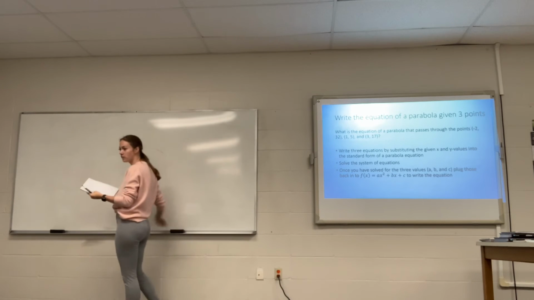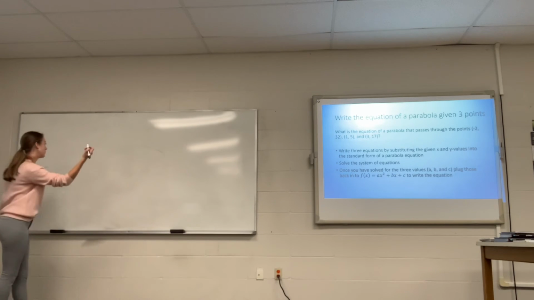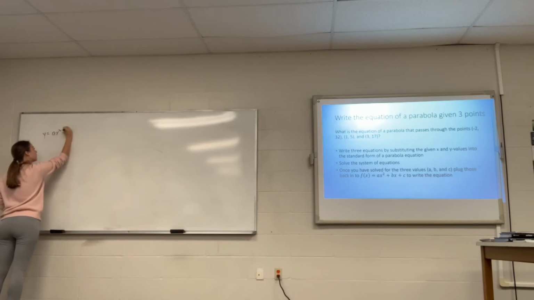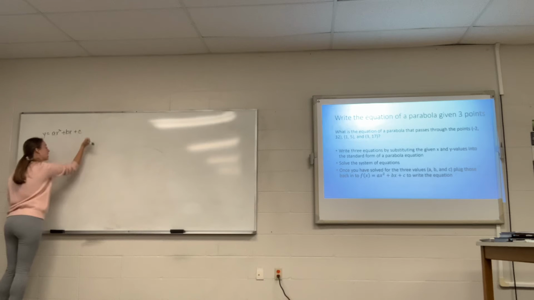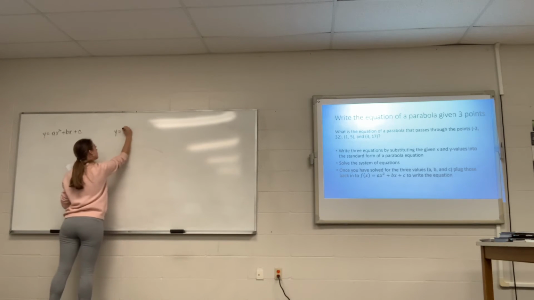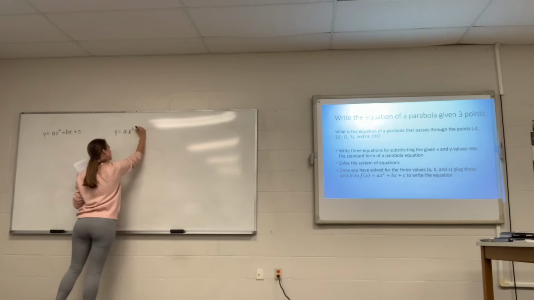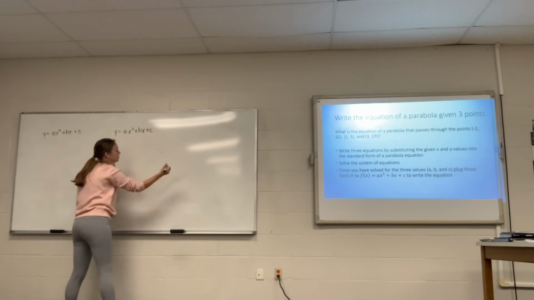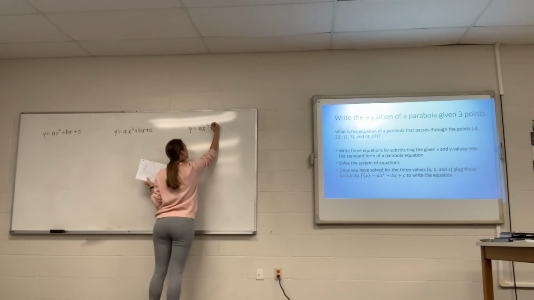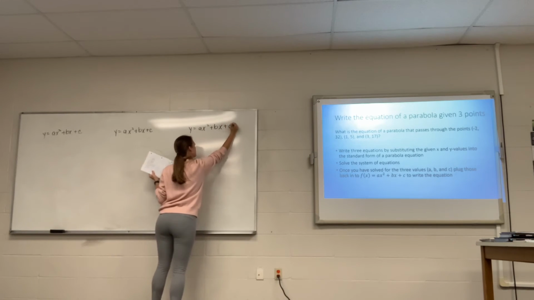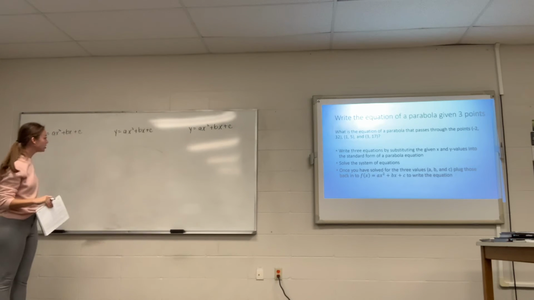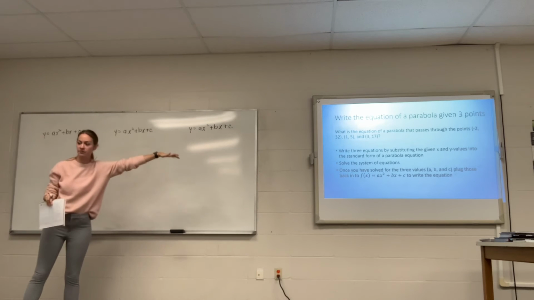First thing, I'm going to use y equals ax squared plus bx plus c. I'm going to use this equation 3 times, so I'm going to write it 3 times up here. So I have y equals ax squared plus bx plus c. Now each set of points goes into a different equation.